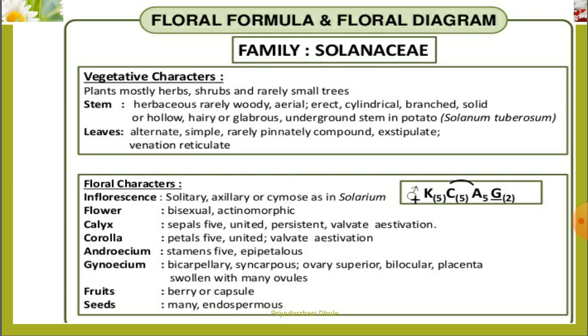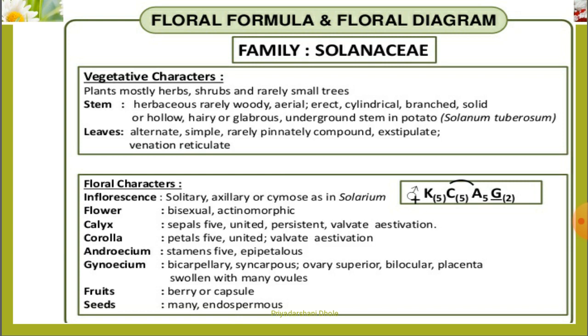There are some symbols. First one is a round, one arrow and a plus sign, and this sign indicates the flower is bisexual. Bisexual means male as well as female parts present in the same flower.